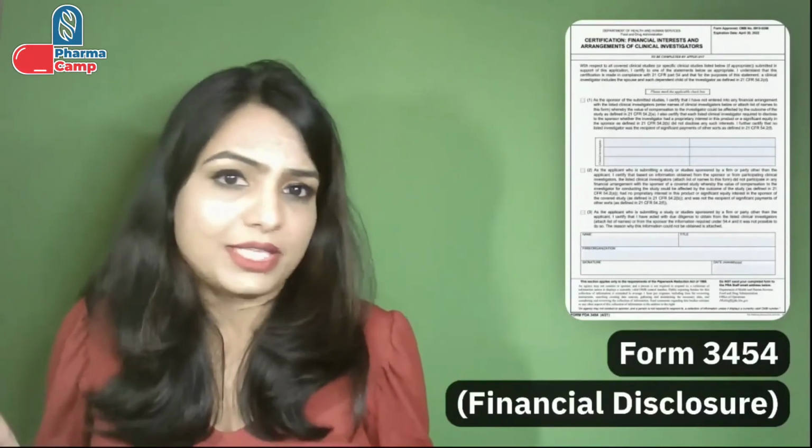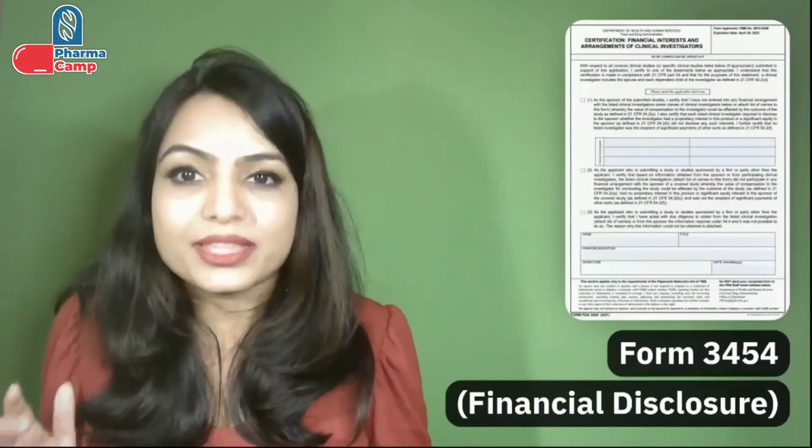The companies need to make sure that the clinical investigator who is involved in clinical studies does not have any financial interest in these studies. Let me explain in an easy way. If I'm a clinical investigator investigating a particular drug as part of clinical studies for XYZ company, and if I have any financial connection with that company, for example, if I hold any significant equity in that company, right, then I can be biased while studying that drug.